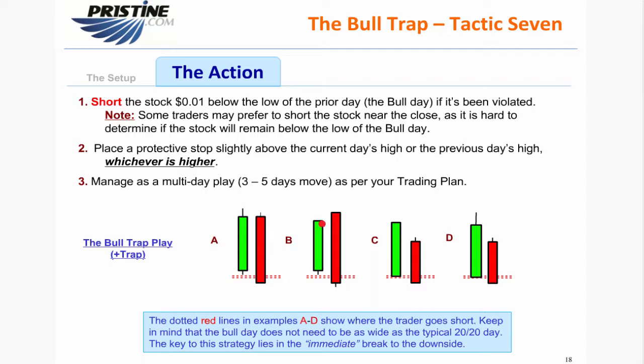If this was gapping up 50 cents or more, this would also qualify as a gap and crap, where we could have entered short as it traded below the green bar's high.